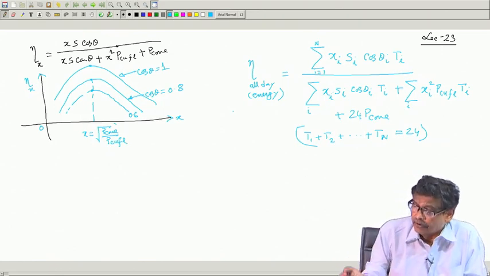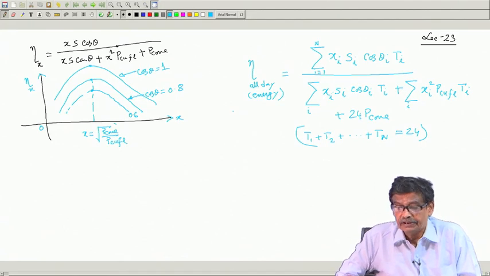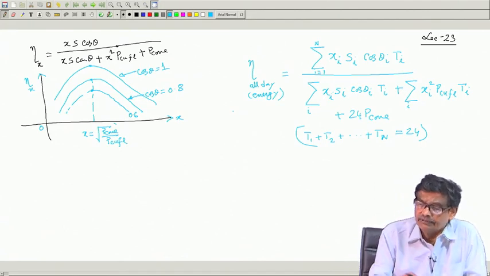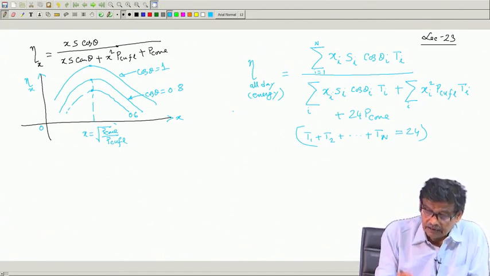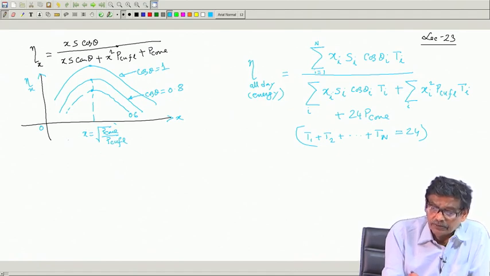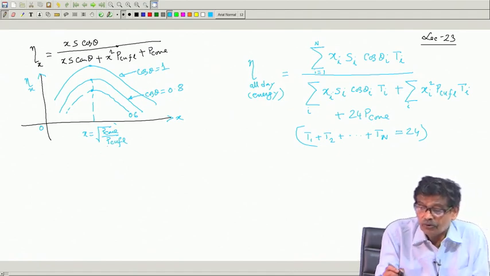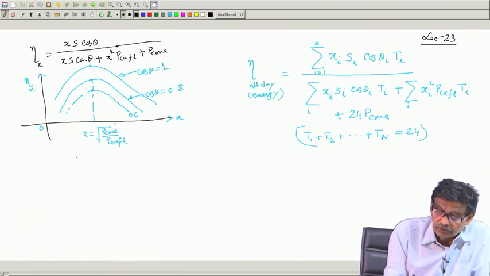Before we proceed to discuss regulation, only one thing I will tell. See, the loading of a transformer, I told you how loading is specified.